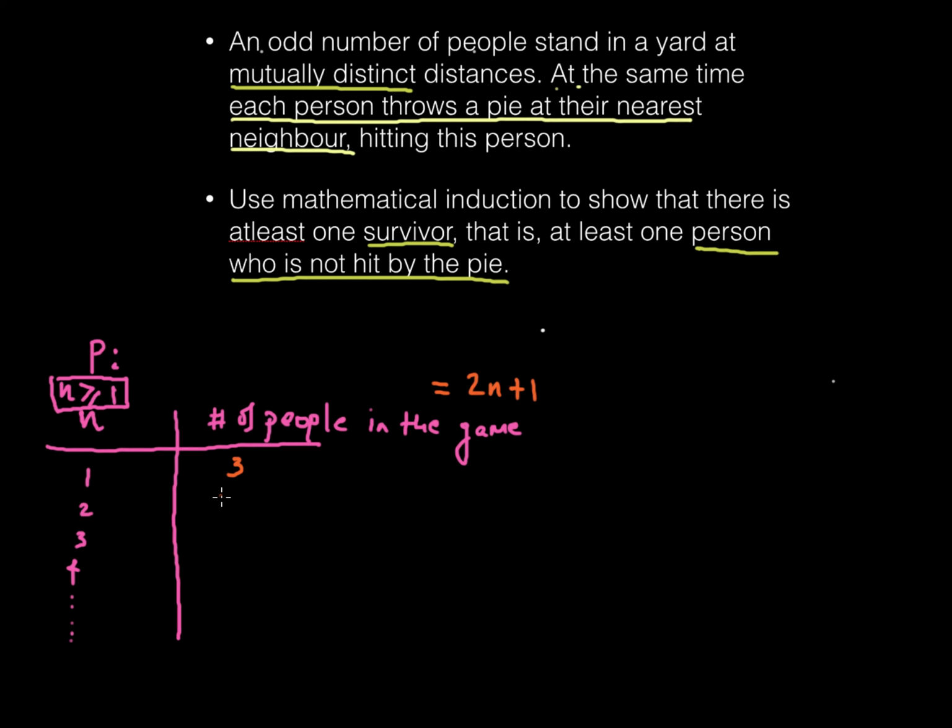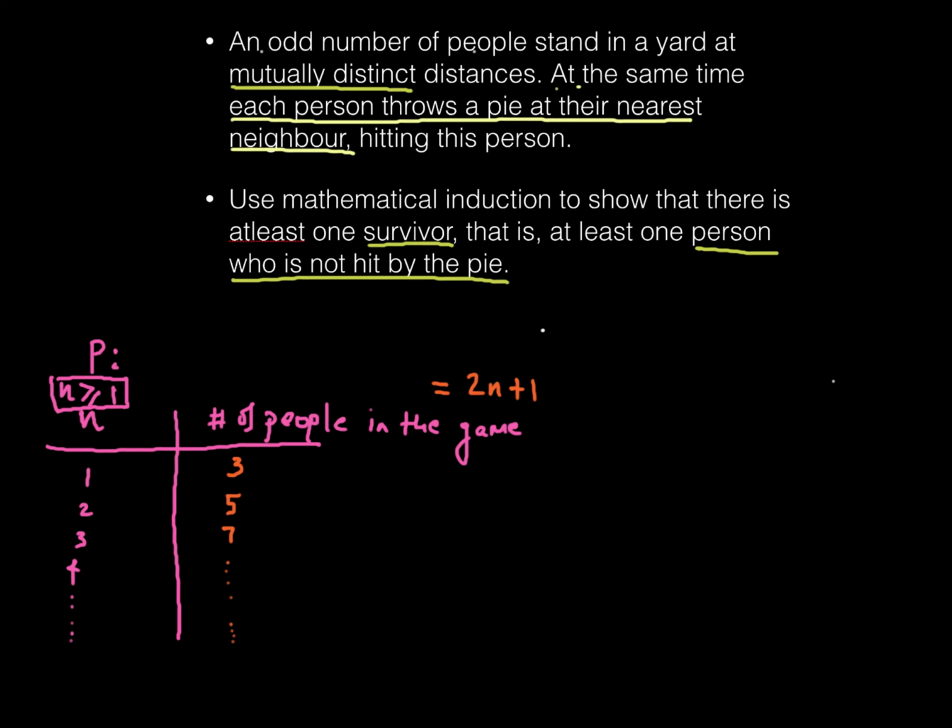The number of people in the game needs to be odd, so when n equals 1, I've got three people playing this game. When n equals 2, I get back 5, then 7, and so forth as I keep going down. Everything in orange over here represents the number of people.